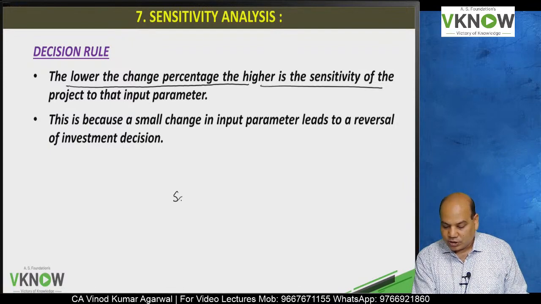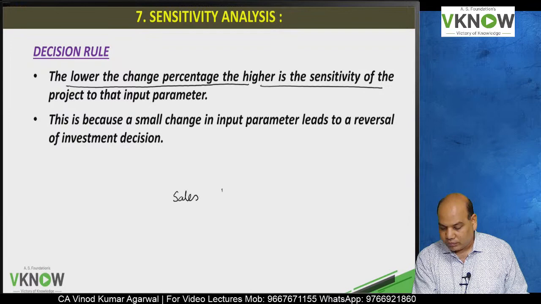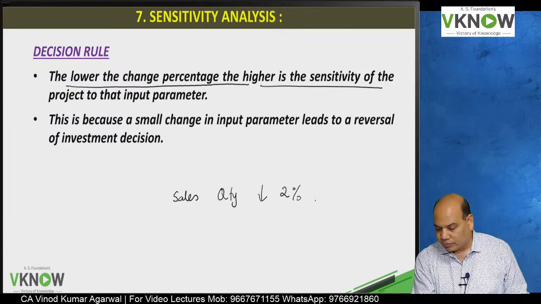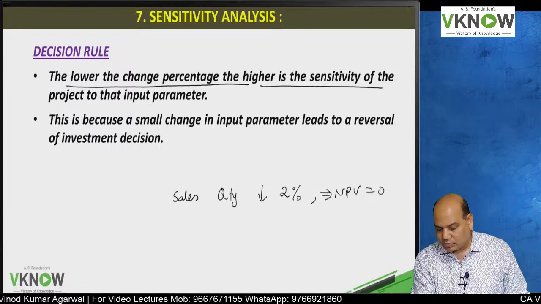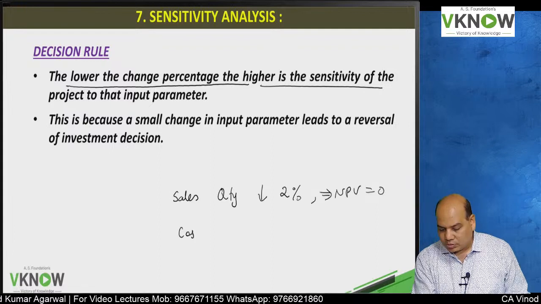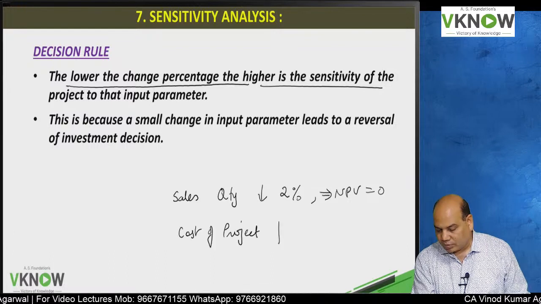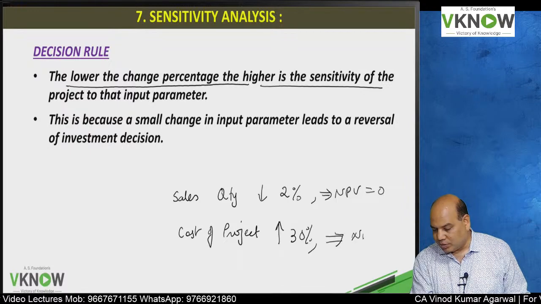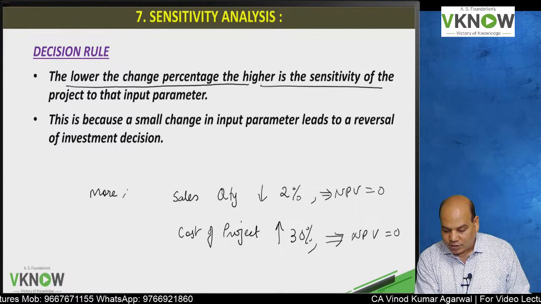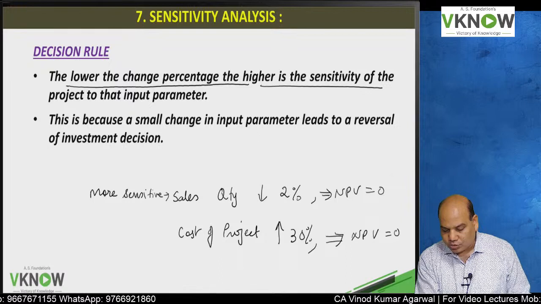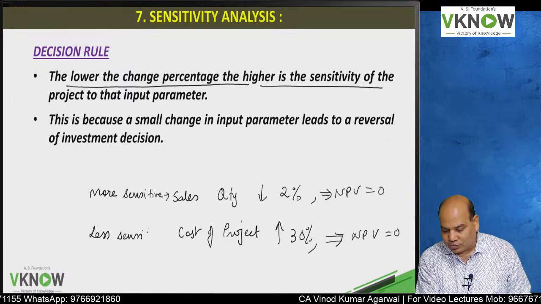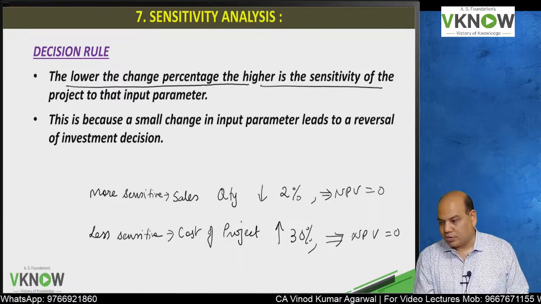Suppose sales quantity, if it falls by 2%, will make NPV 0, and if cost of project increases by 30%, then NPV will be 0. The project is more sensitive to sales quantity and less sensitive to cost of the project.